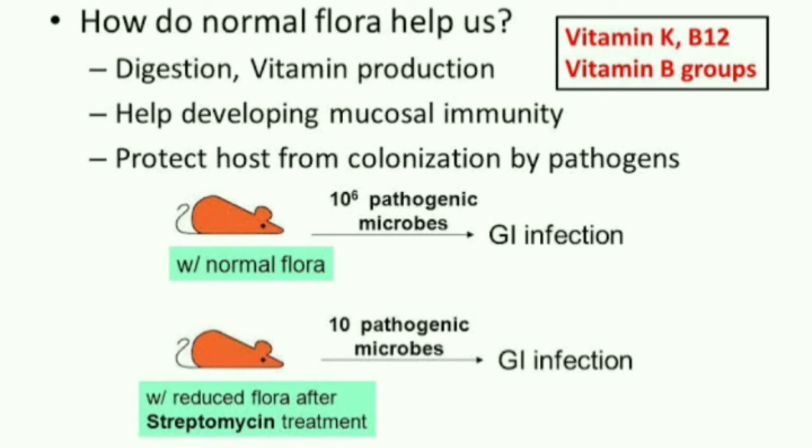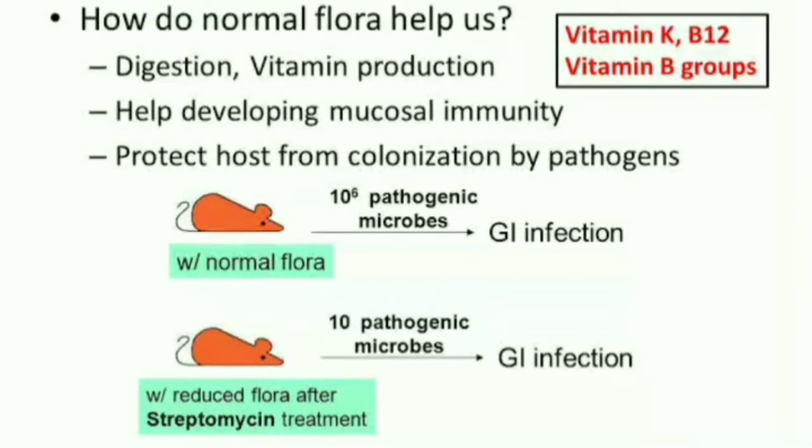So one of the most common helps that normal flora does to a human body is digestion. Another important function is vitamin production, especially vitamin K as well as B complex. It also helps in developing mucosal immunity, and it protects the host from colonization by pathogens.